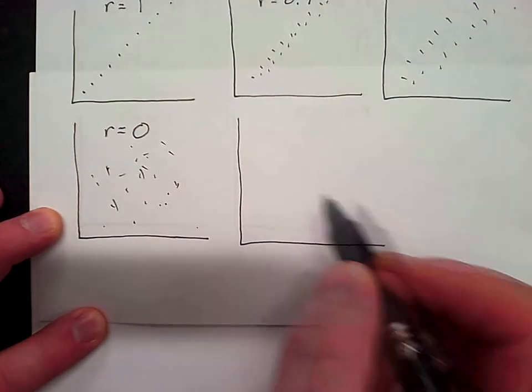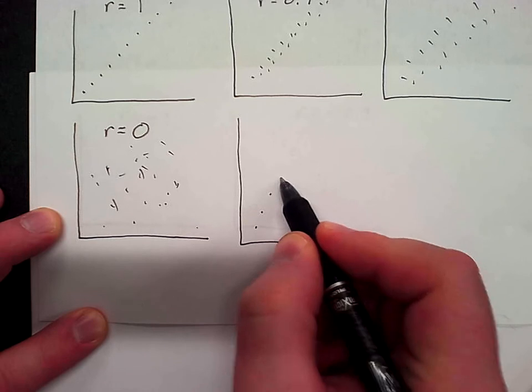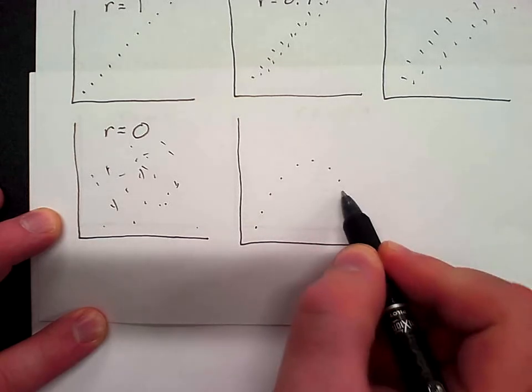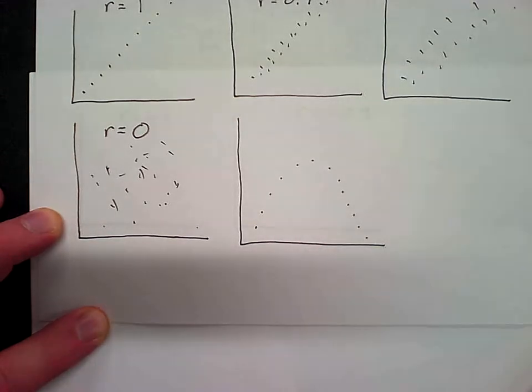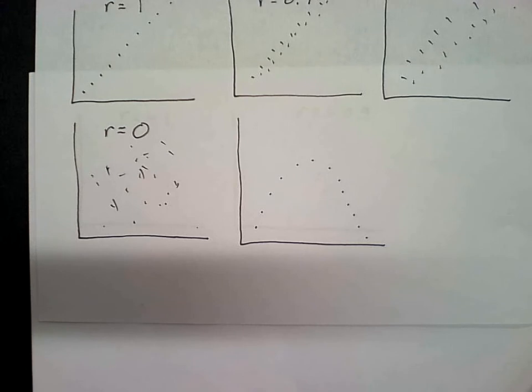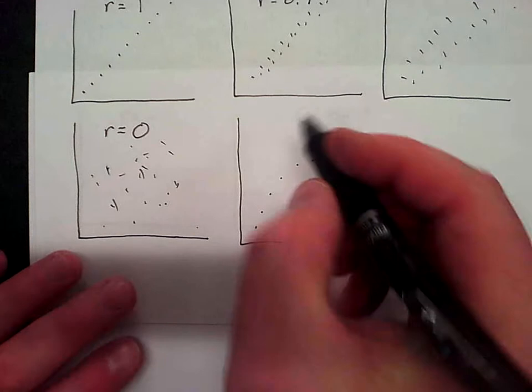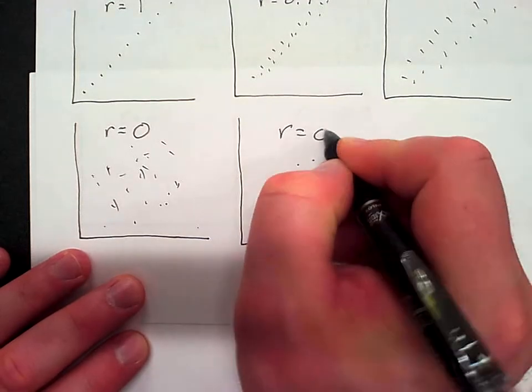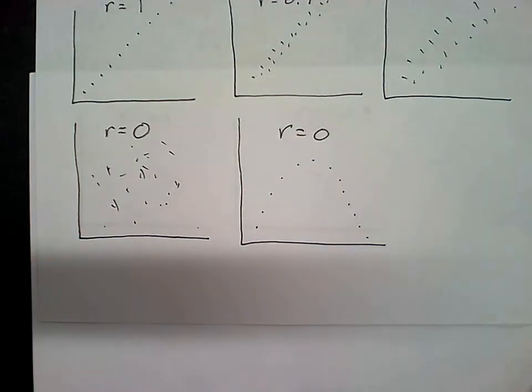However, neither is this data right here. This data is also not best described by a straight line. Ideally, we'd have some kind of parabola shape that we would try to fit to this. So therefore, we're going to say that this also has a correlation coefficient of 0 because it's not best described by a straight line. Right, does that make sense?